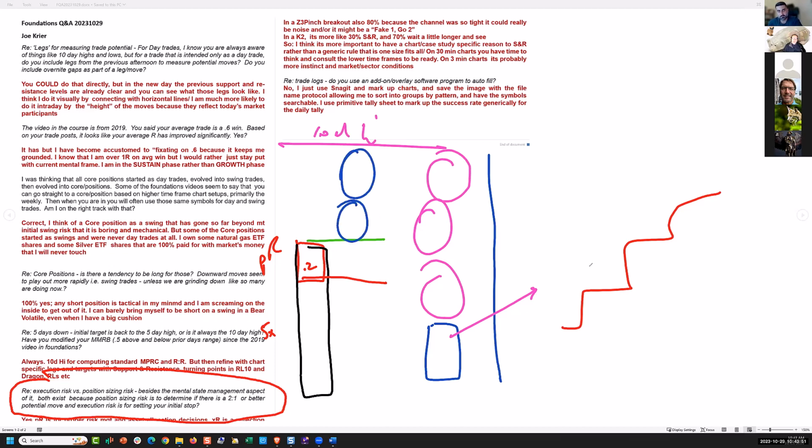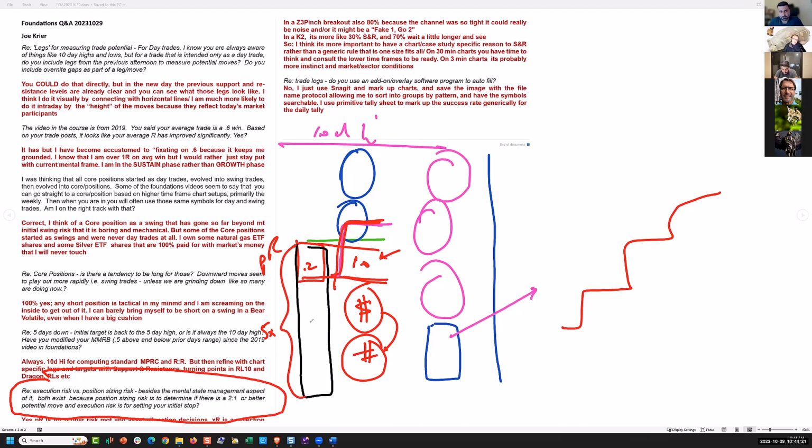As long as I got 2 to 1 there, I'm probably okay because I'm going to get my risk out of there pretty fast. And all I'm saying is, instead of calling that 1.0 and then deciding how much money and how many shares to trade, I'm treating it as position sizing risk.